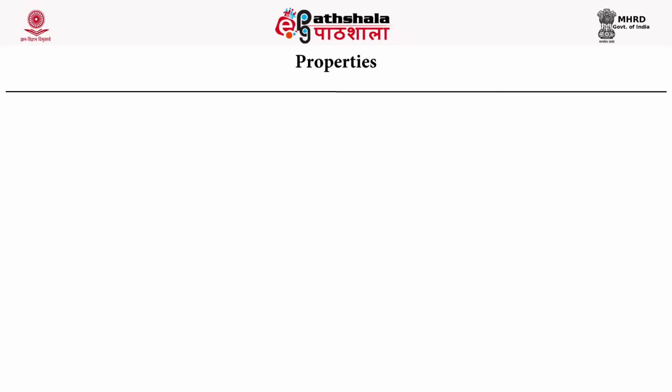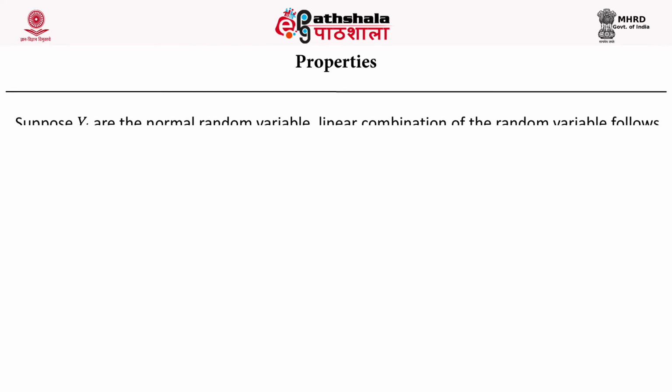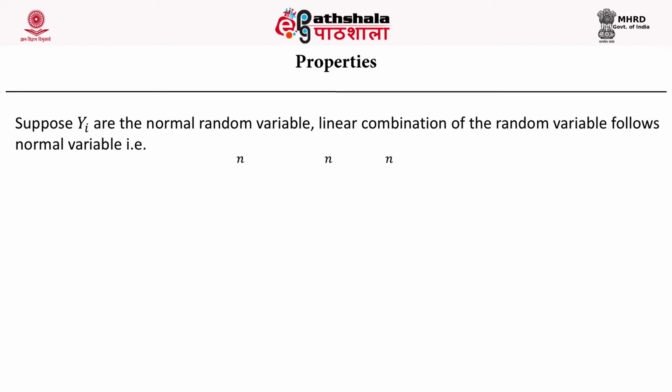There are a few more properties. Suppose yi are normal random variables, then a linear combination of the random variables follows a normal distribution, that is summation of ai yi, where i varies from 1 to n, again follows a normal distribution with parameters given here: the mean is summation of ai mu i, where i varies from 1 to n, and the variance is summation of ai square sigma i square, where i varies from 1 to n.